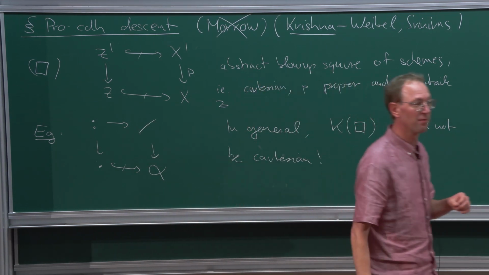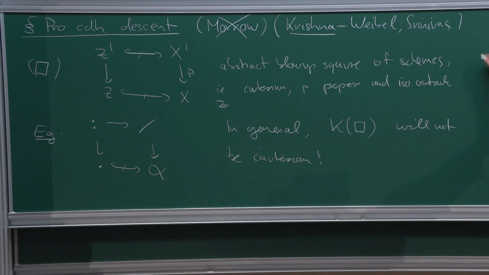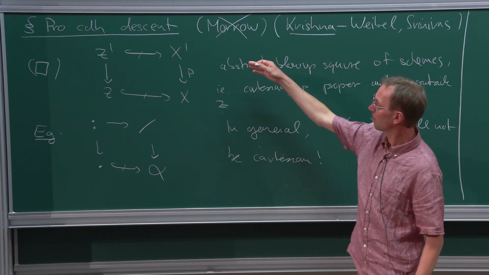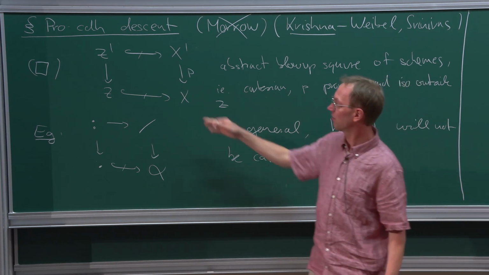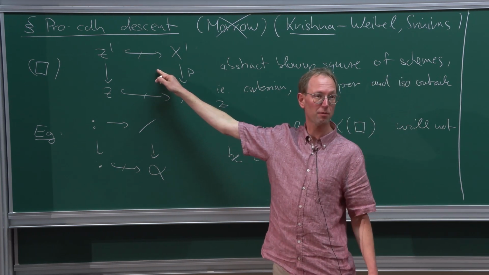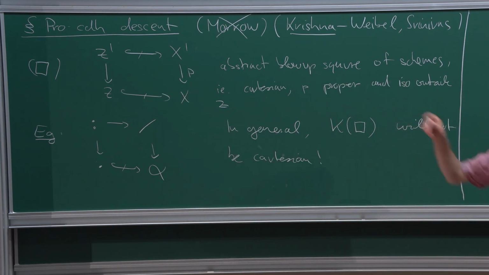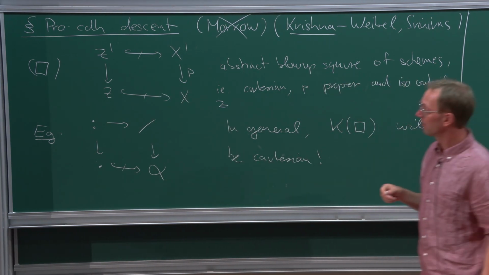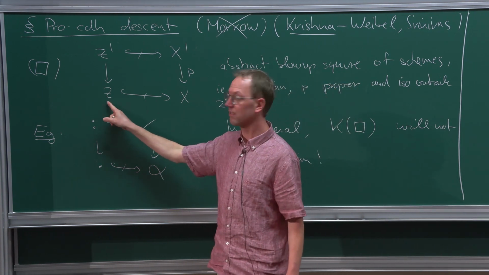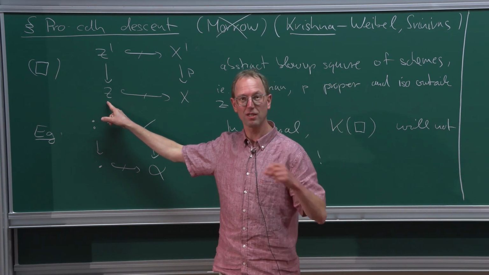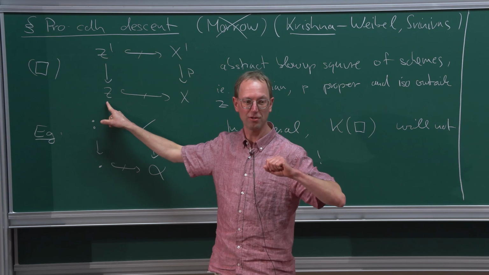So CDH descent would basically mean that you send all these abstract blow-up squares to Cartesian squares, and the idea of post-CDH descent is that you replace this closed subscheme here by something like an infinitesimal tubular neighborhood.